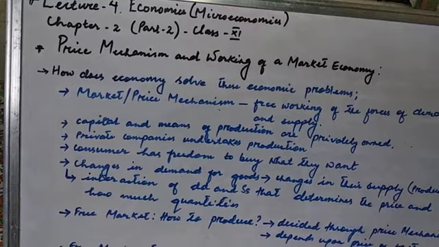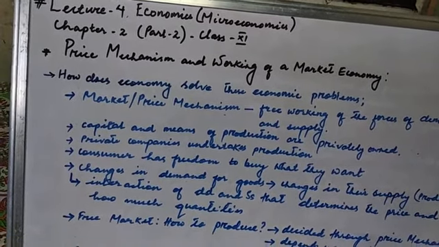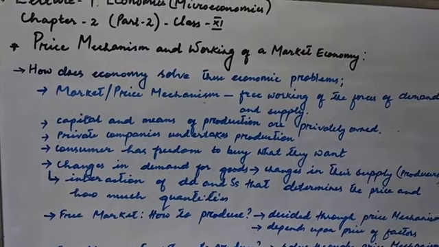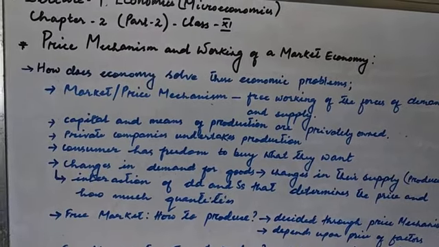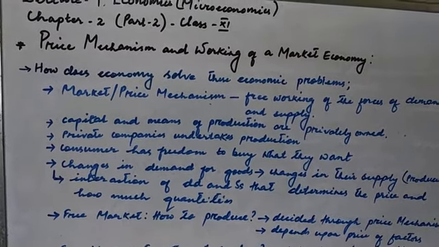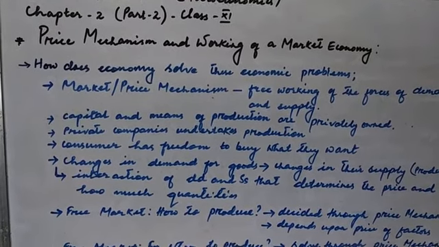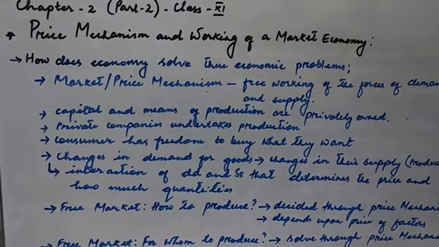But we have to keep in mind that there is no country in the world today which allows the central problems to be solved fully by the market mechanism. There is no country which allows only market forces to work.